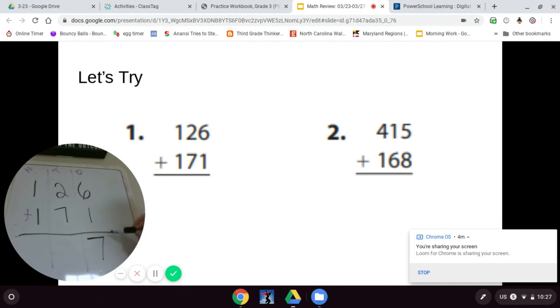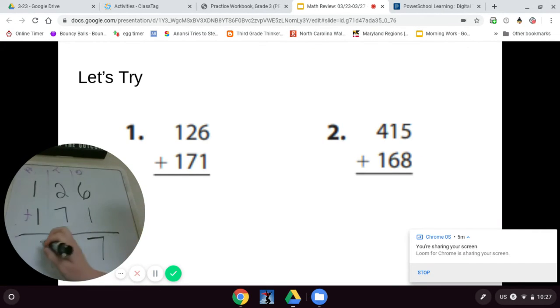I don't have enough to regroup, so I know I'm not adding anything to my tens yet. 2 tens plus 7 tens. I can start at 7 and count 2. 8, 9. I know that's going to be 9 tens. Again, I don't have enough to regroup, so there's nothing I have to add to my hundreds.